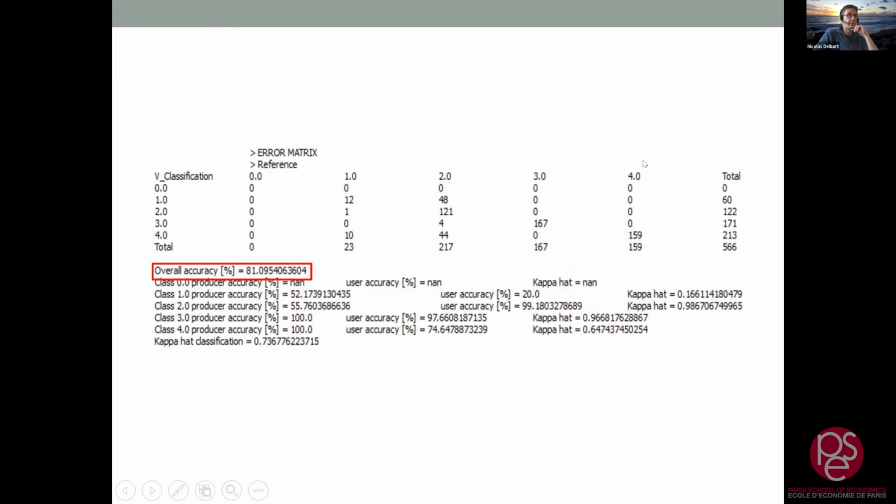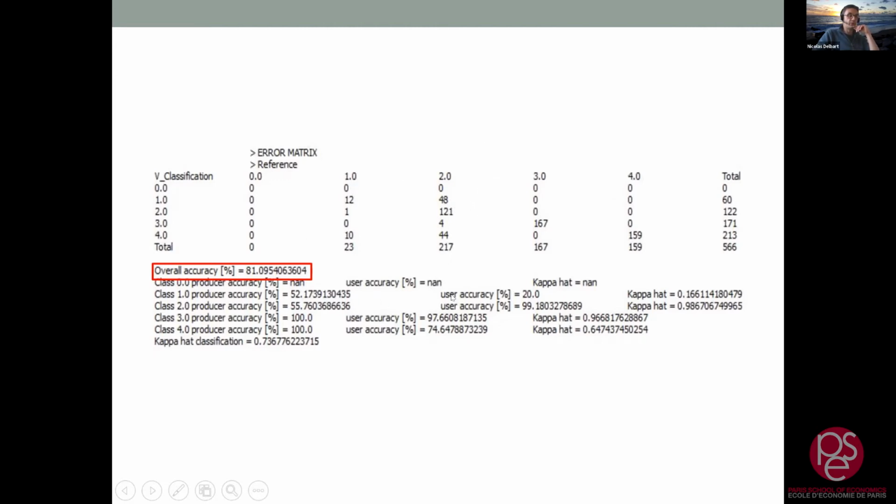Okay. Could you please re-explain what is producer accuracy versus user accuracy? Sure. The producer accuracy is when you make a classification, you want to know if you have done the job correctly.